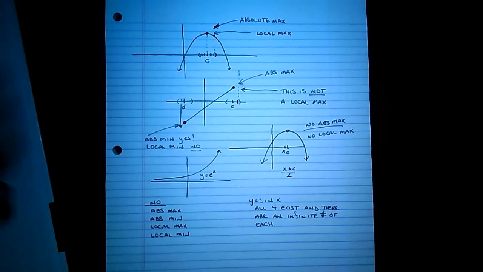Sine reaches a maximum, as we all know, at pi over 2. And so it also reaches a maximum at 5 pi over 2, and 9 pi over 2.